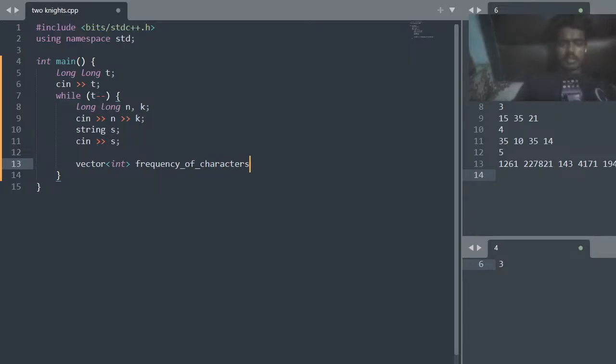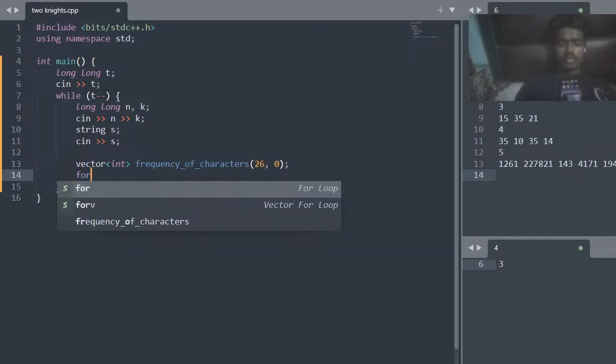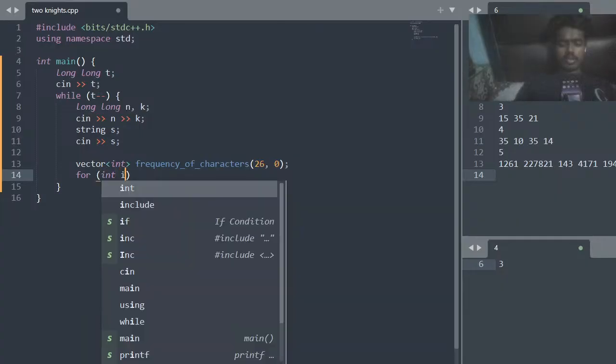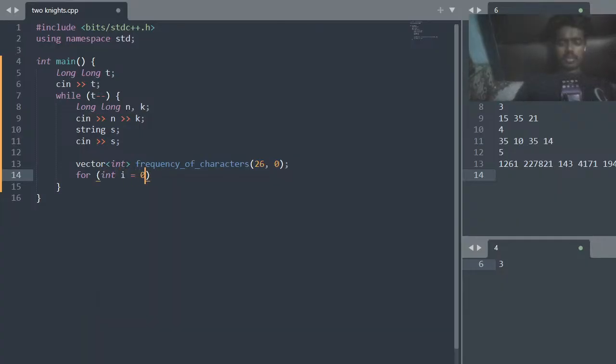Characters ले लेंगे ना. Character is like 26, right? And 0. Right, and then we like to do a loop, and i is equal to 0, then i less than n.